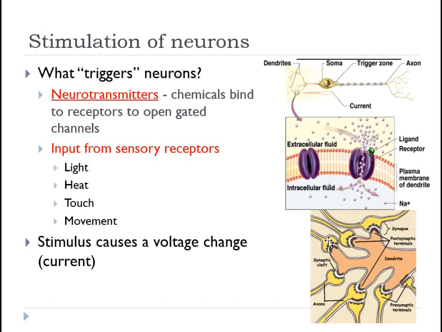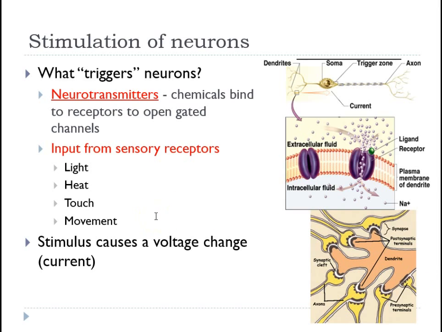So here's the axon, here's the dendrites, and this is one neuron, this is another neuron. Remember, this is the presynapse and this is the postsynapse. These neurotransmitters are going to flood and go to the dendrites. The dendrite is where we start that electrical energy down the axon.